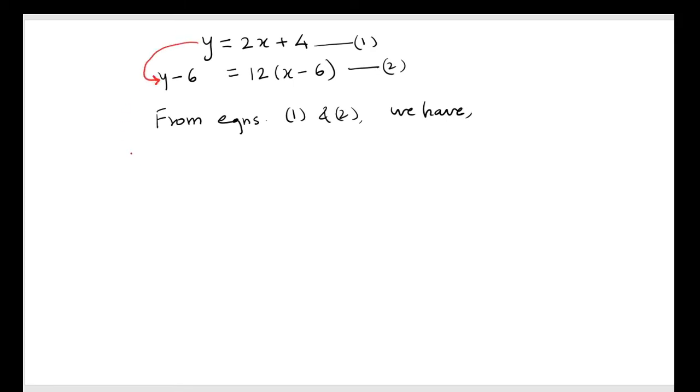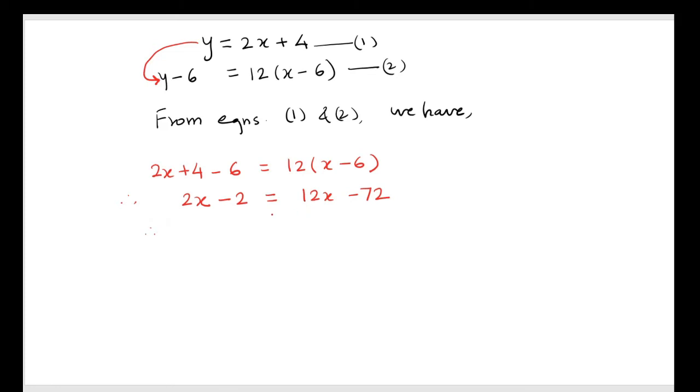So it will become 2x plus 4 minus 6 is equal to 12 into x minus 6. Therefore, 2x, 4 minus 6 will be minus 2 is equal to 12x minus 72.